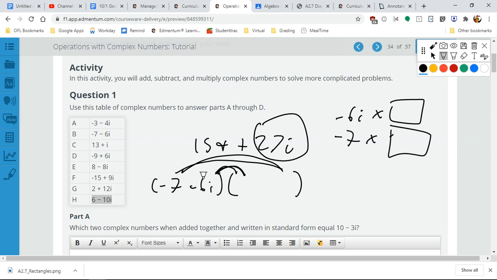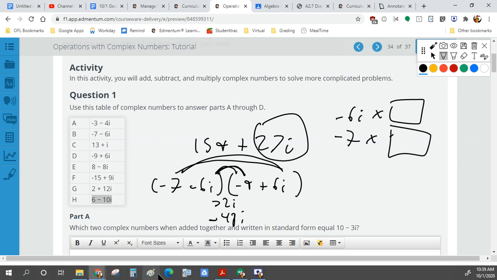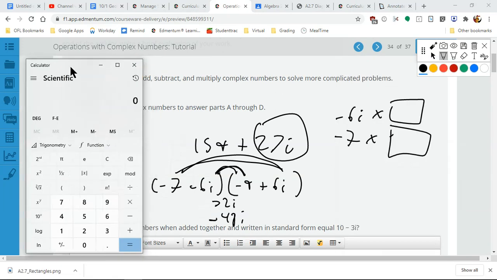So going down the line, now I'm going to do negative 9 and positive 6i. Well, this would make positive 72i, and it's going to make negative 48i. Let's see what my calculator says about that.